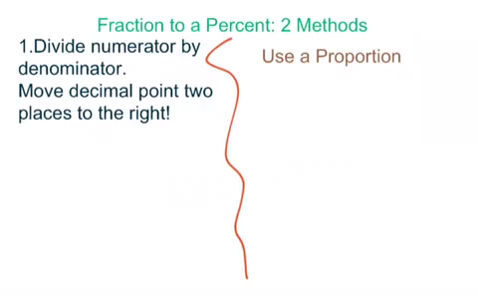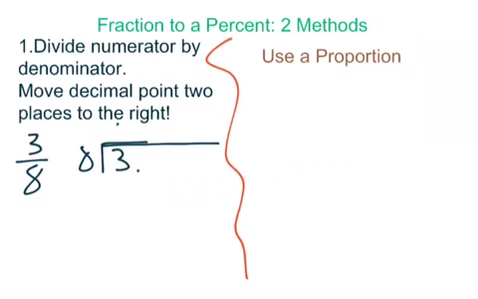Let's do 3/8. We're going from a fraction to a percent. So right now you're going to divide 3 by 8. I'm not going to do the math here, but what you should get is 0.375.